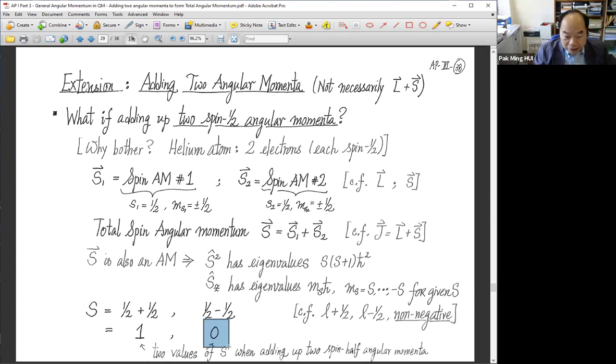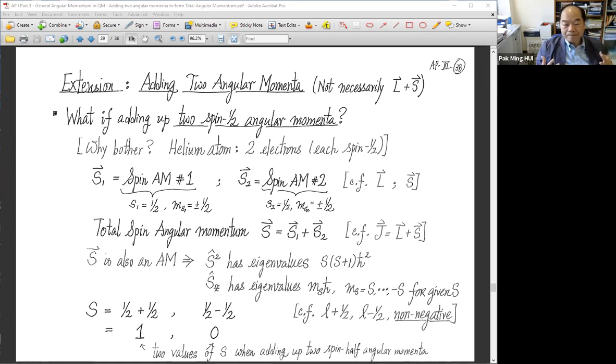So this is another state, but just one state. So all together, there will be four spin states here: S equals 1, accounting for 3 states, and the other one accounting for 1 state.